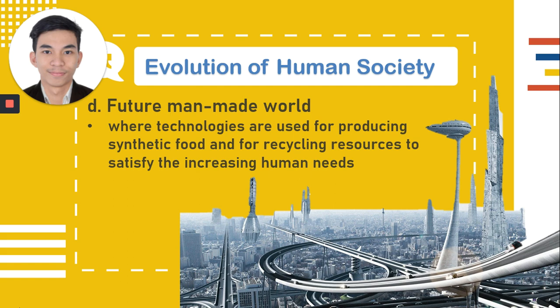So, once again, human society evolved from being hunter-gatherer, shifter-farmer, and then the manufacturing stage, and then the future man-made world society. Okay? And this society is according to their resources, their needs, and their lifestyle. That is the first classification of society according to how they evolved over time.